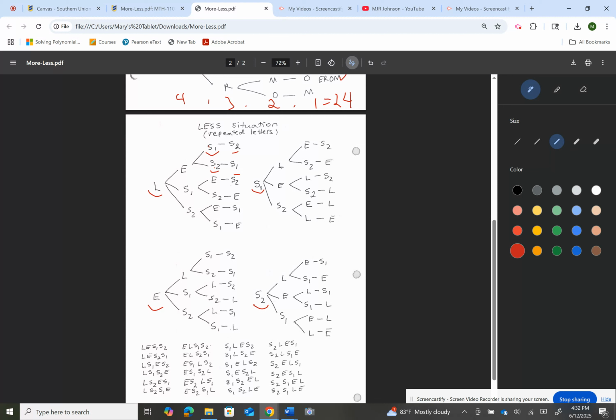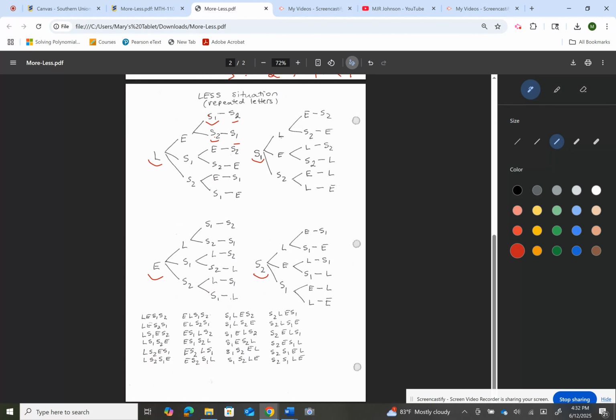And so what I did is I created this tree, and I actually made the list of all possibilities, but I distinguished the first S from the second one just so you could see what the problem is. So see, there's 24 outcomes here, but they're not all distinct because there's really not a 1 and a 2 on those S's. So let me mark then what we have for lookalikes.